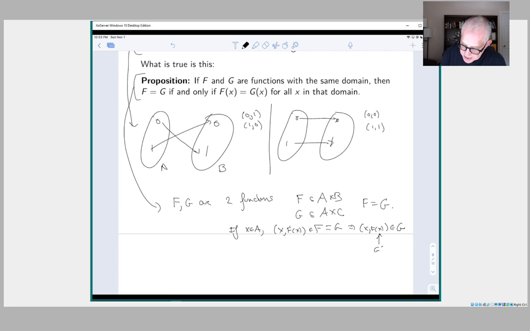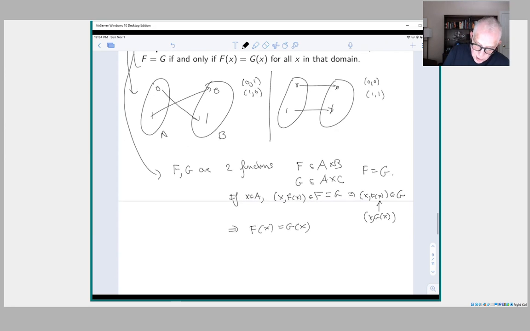It's the element that occurs in the second component in the ordered pair in g. And so we've shown that f of x equals g of x. Actually, we've shown that at least if x is in A, then f of x equals g of x, and then you can run this equality backwards to get both directions.